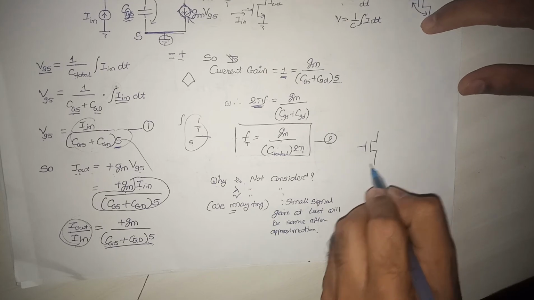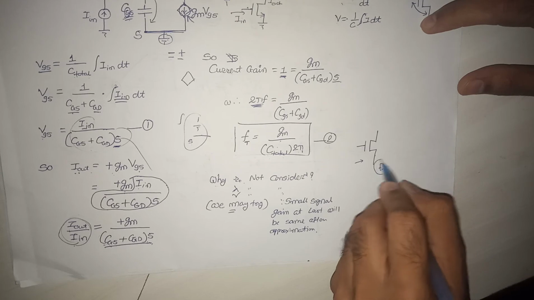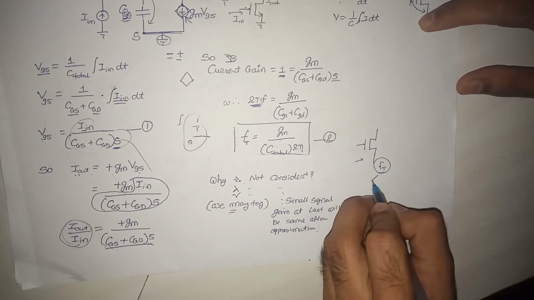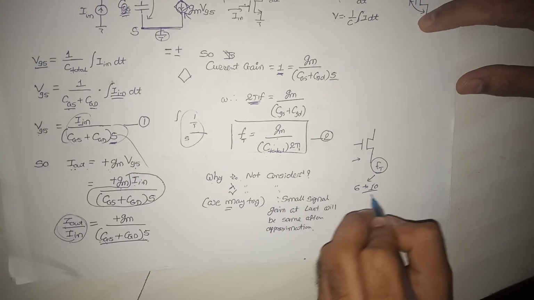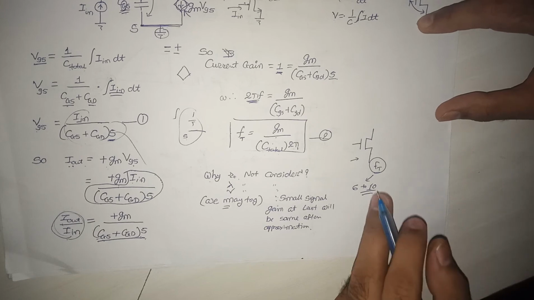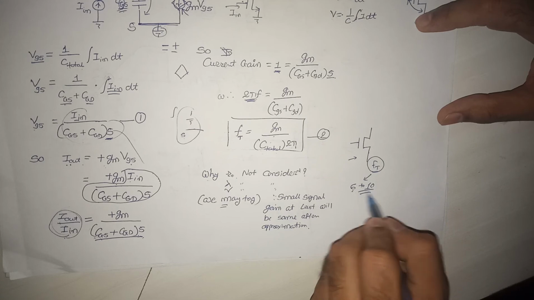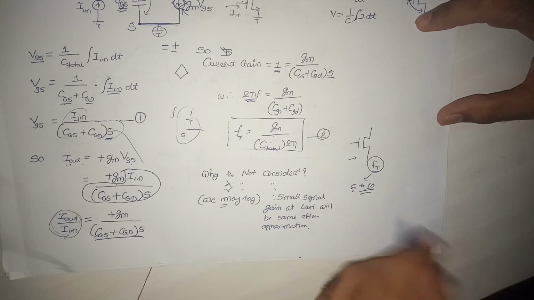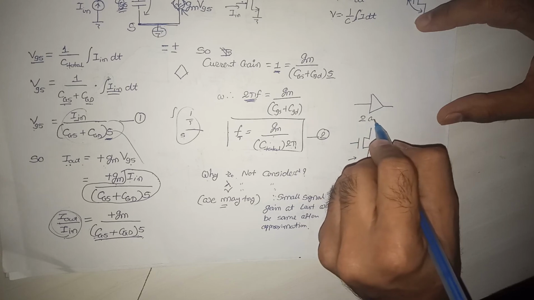So for any given NMOS, you will not be able to get current gain after the fT frequency. And the thumb rule is, while designing, fT should be 6 to 10 times the frequency of interest. This is my thumb rule; it can vary from designer to designer. Let's say I am designing an LNA at 2 gigahertz.